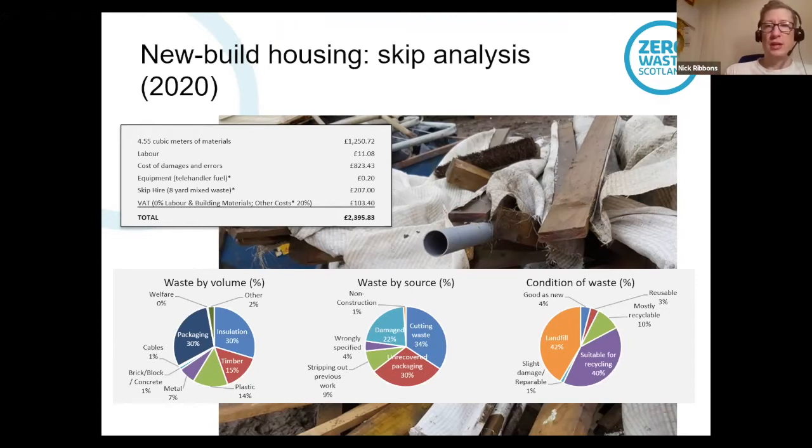But what's interesting is that a lot of the waste is in very good condition, particularly on a house building site. A lot of what goes into the skip is newly procured material that's become offcuts, or has become contaminated or damaged through on-site storage and handling.